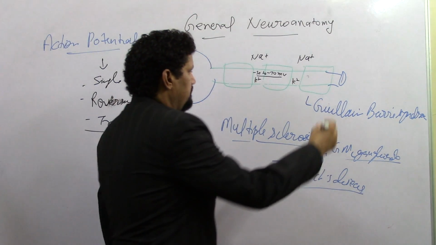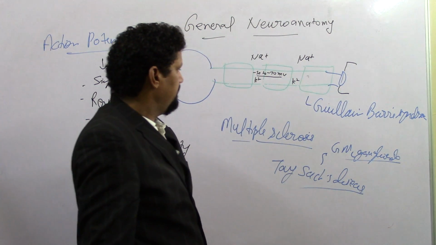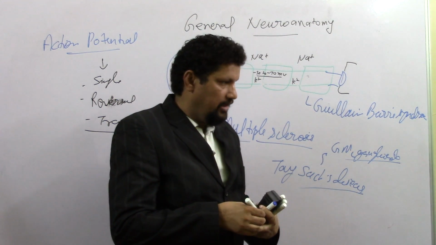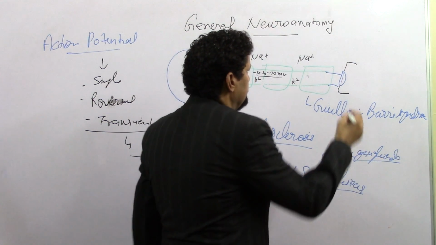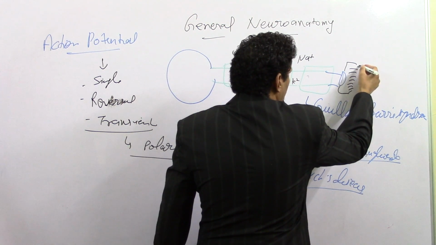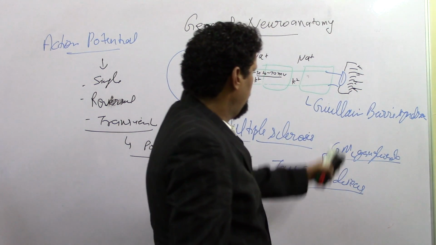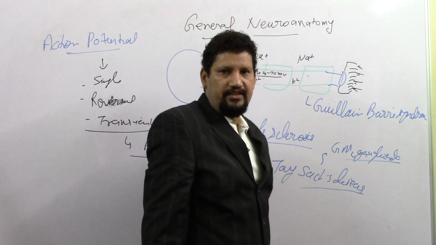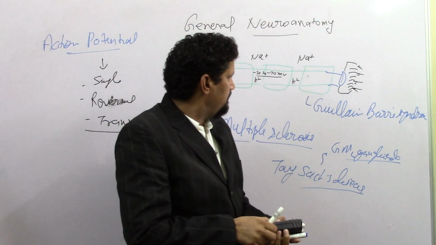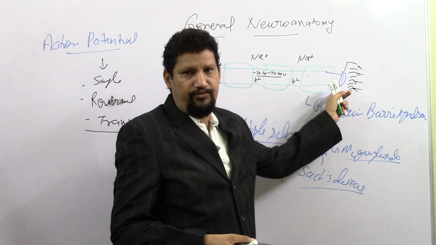When the terminal part of the axon, which is converted into a receptor in the case of a sensory neuron, is touched, or there is a pinprick or burning or sensation of heat, these receptors convert this mechanical or chemical or photo sensation into action potential.